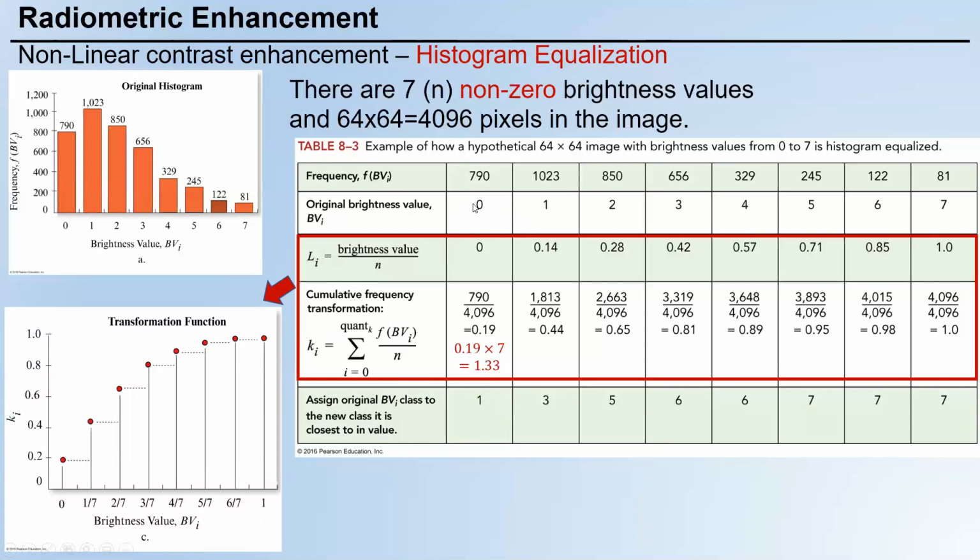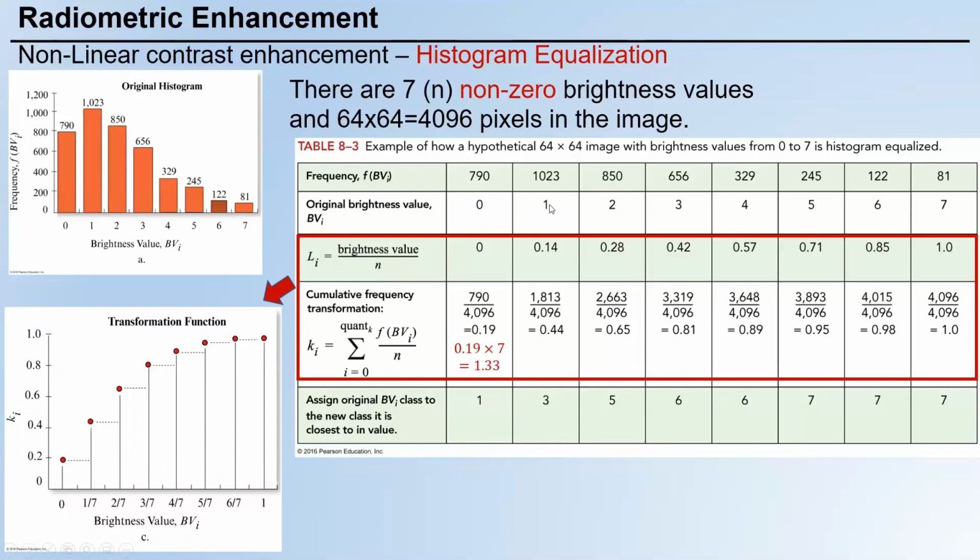So 0 has been projected to 1, which means all those pixels that have a value of 0 in the original image have a value of 1 in the output image after the equalization. Get that? Let's do this again. How about the next brightness value?